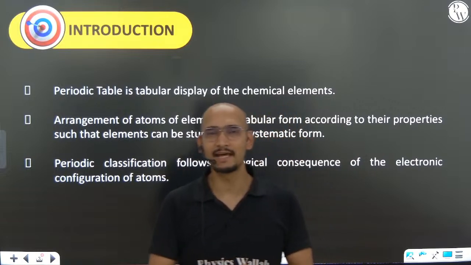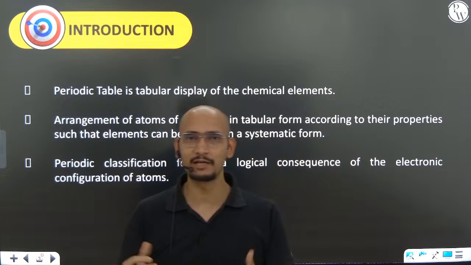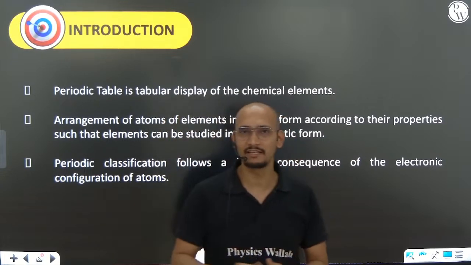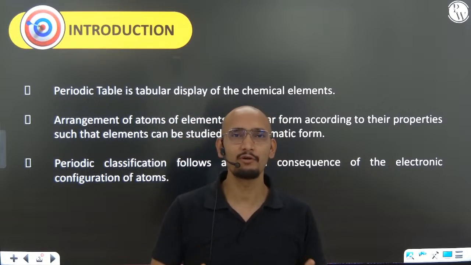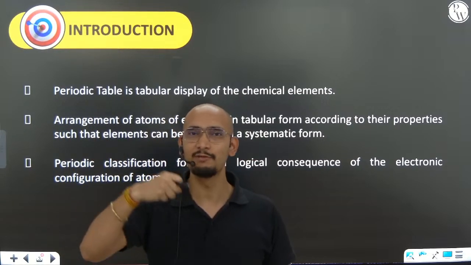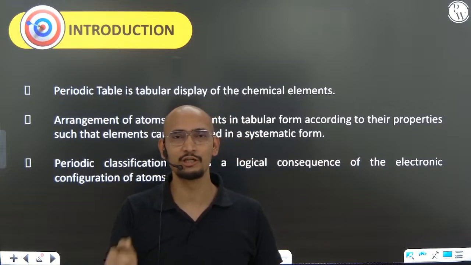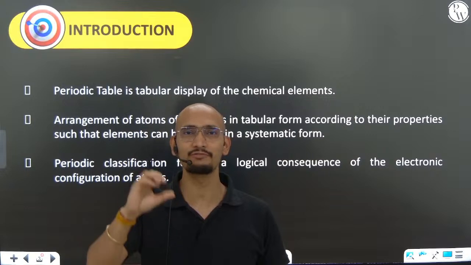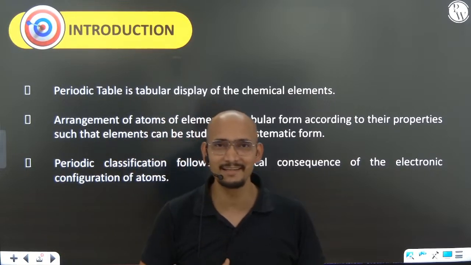There was a scientist named Moseley who was doing X-ray spectroscopy and X-ray diffraction experiments. He found that for the X-rays of different elements, the square root of the frequency was directly proportional to Z. Z is nothing but the atomic number, which was later found to be the number of protons present inside the nucleus.